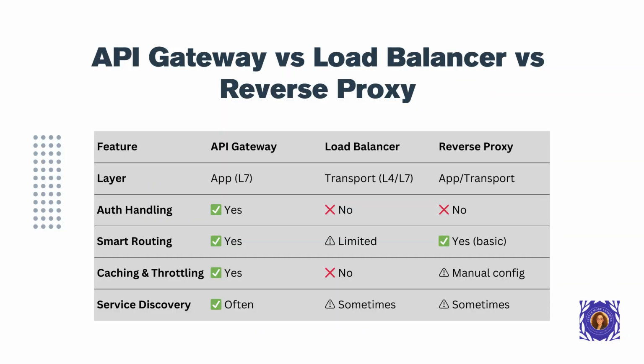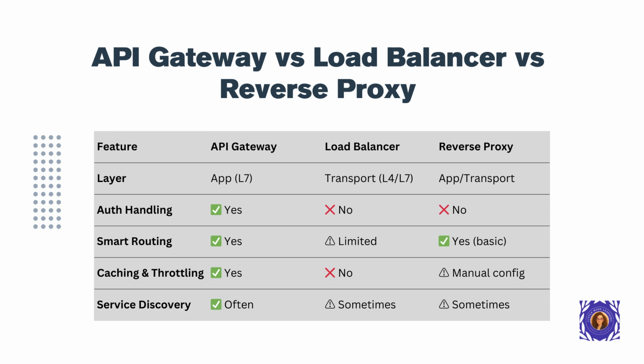Students often confuse API gateways with load balancers and reverse proxies, so let's clarify the differences. API gateways operate at the application layer, Layer 7, and excel at authentication handling, smart routing, caching, throttling, and service discovery. Load balancers typically work at the transport layer, L4, though some can operate at L7.